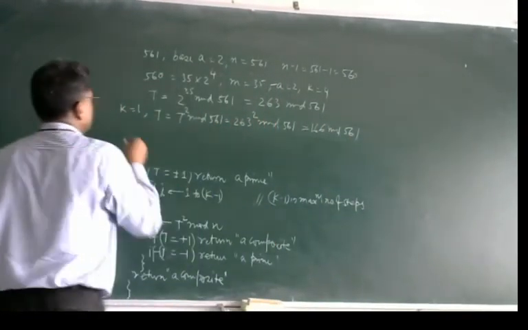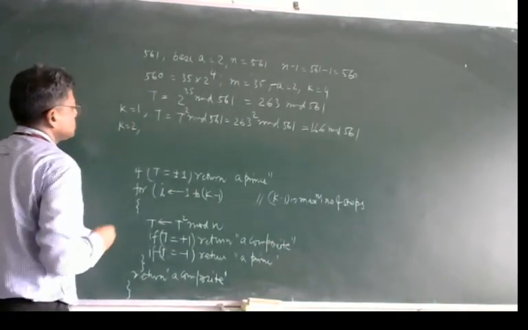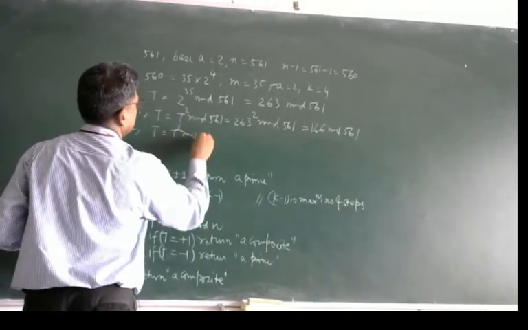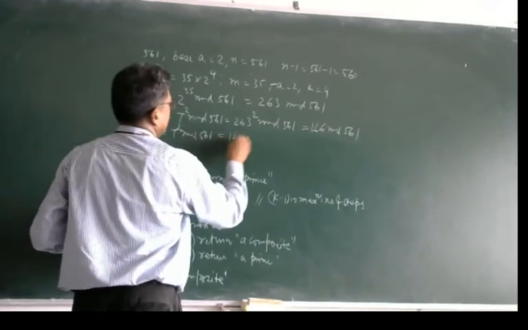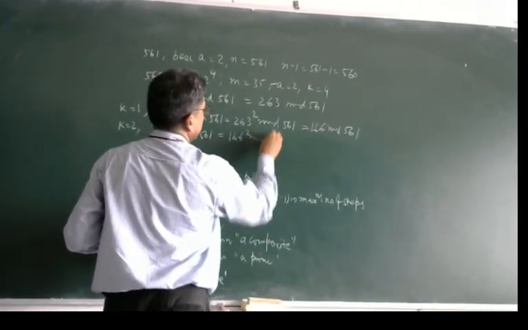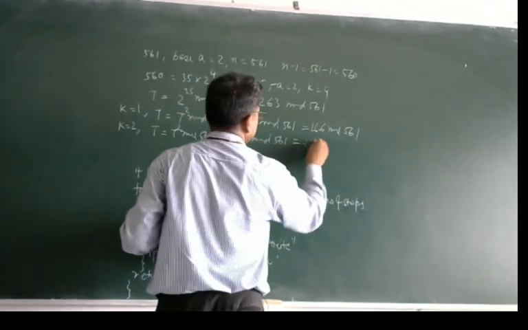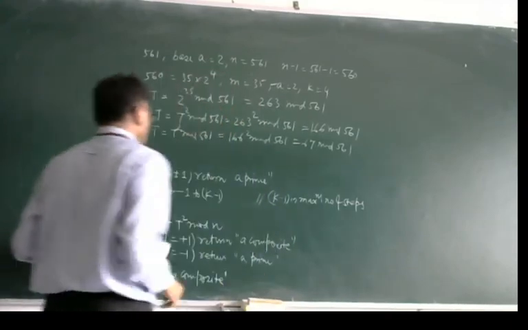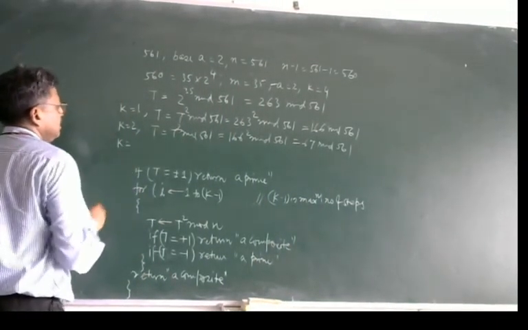So we will go into the next step, that is i is equal to 2. In this step, we consider that t is equal to t square mod 561. Now the new value of t is 166, so it will be 166 square mod 561, and that is coming around 67 mod 561.